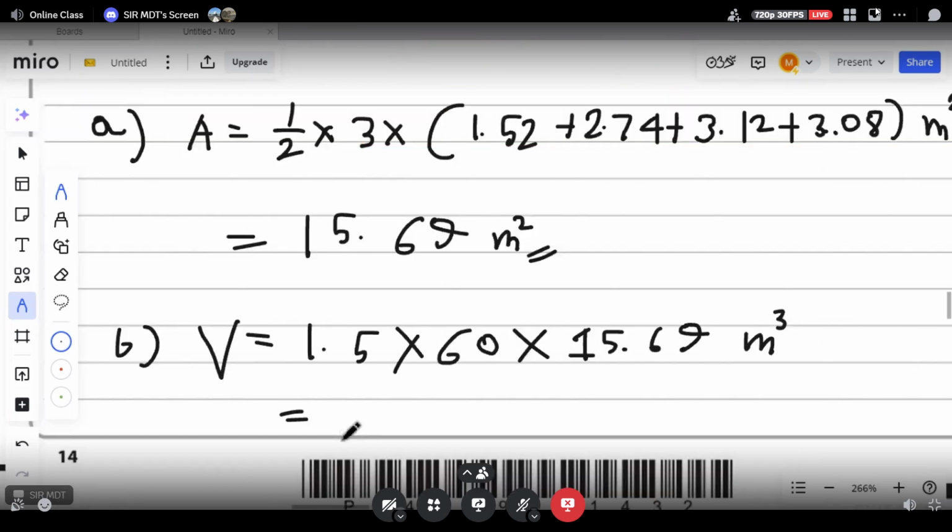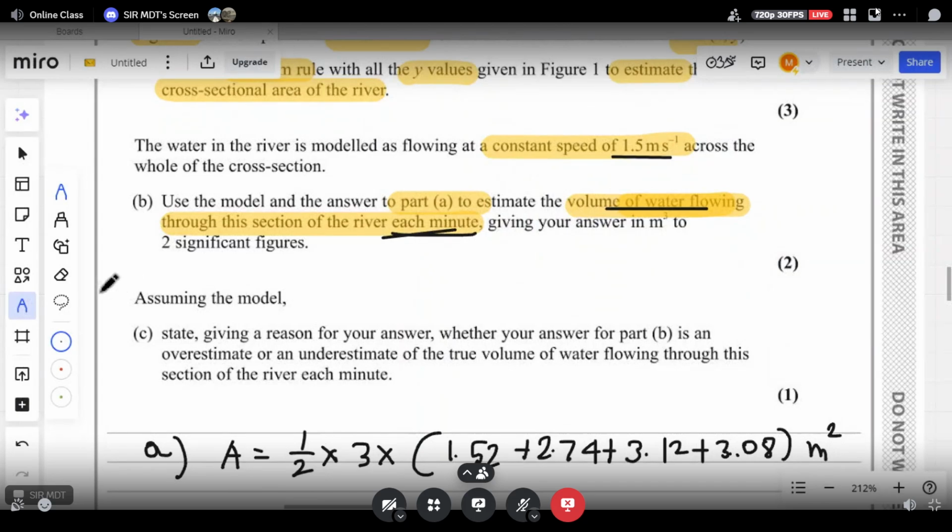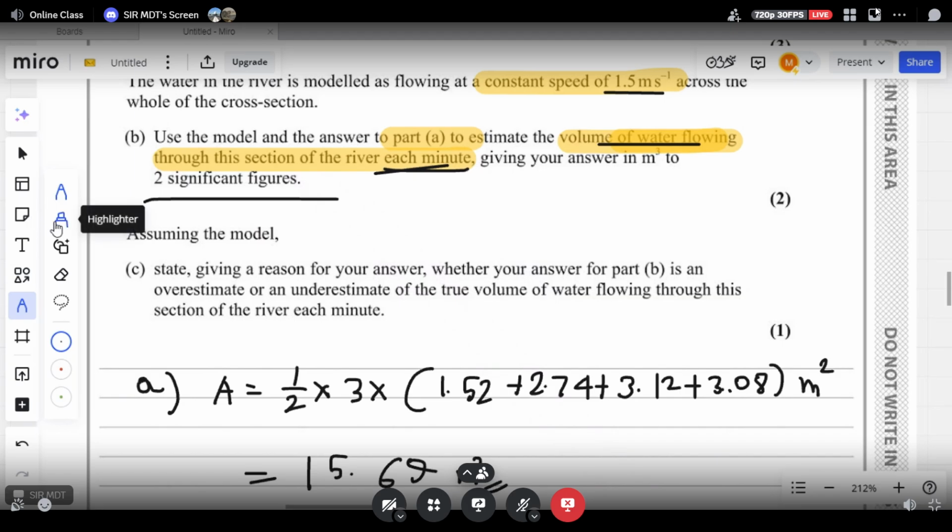So the actual value is 1412.1 meter cube, and to two significant figures we can write 1400 meter cube. That's it. That is part B.